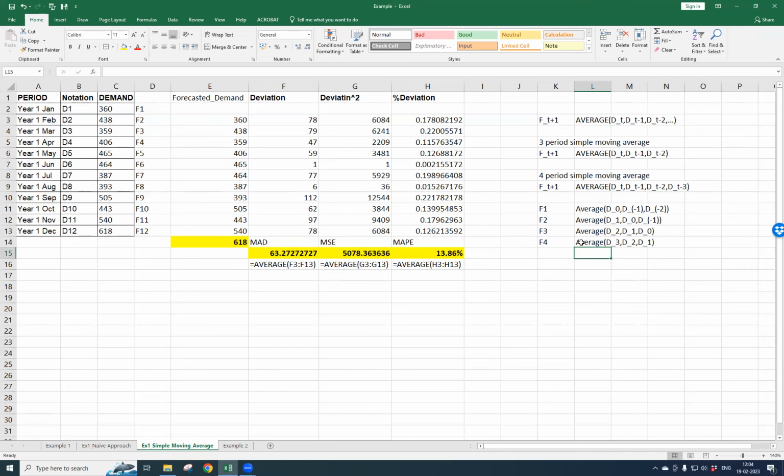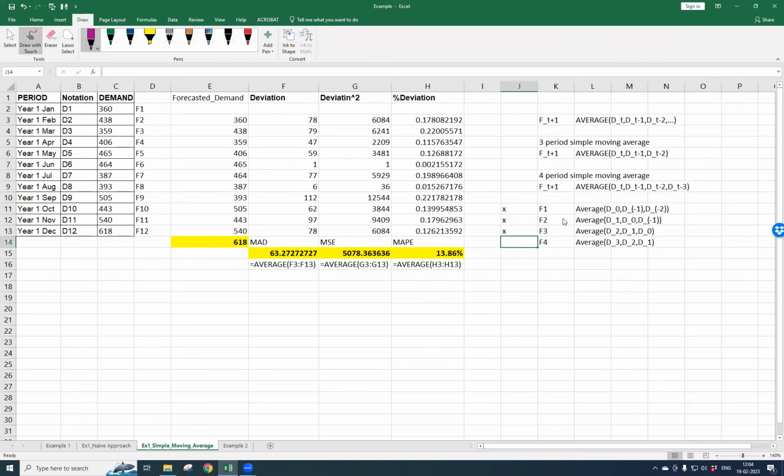Now that means I neither have F1, which is over here, nor F2, nor F3. I cannot calculate any of this. The only thing that I can calculate is F4, and any value going forward.